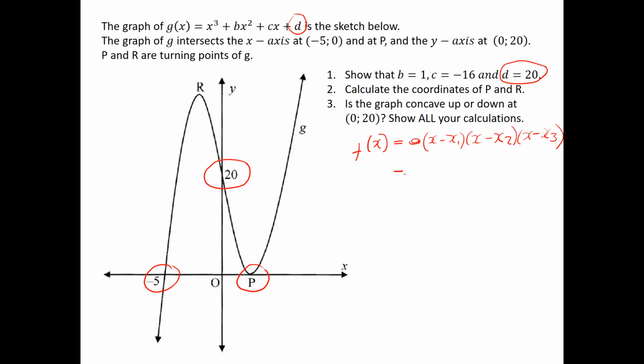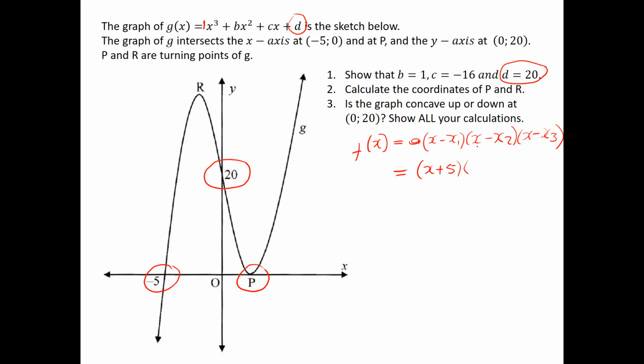We do have the value of a. The value of a is the coefficient of x cubed, which is 1. We do have the first x-intercept. The first x-intercept here will simply be 5. So it will be x plus 5.